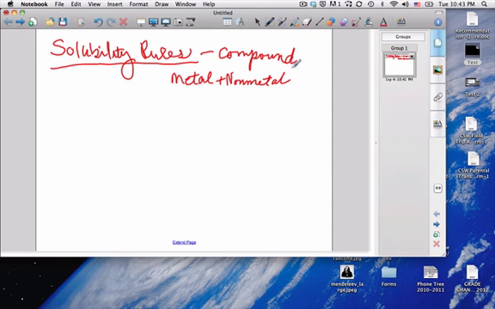Okay, so solubility rules tell you 2 things. It will tell you if something will dissolve and dissociate if it's an ionic compound, or it tells you, if you have a reaction, whether or not it will precipitate.